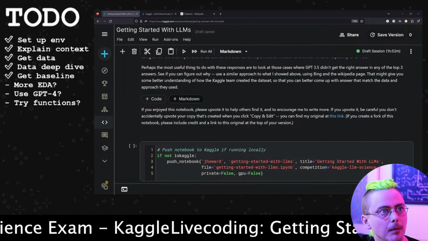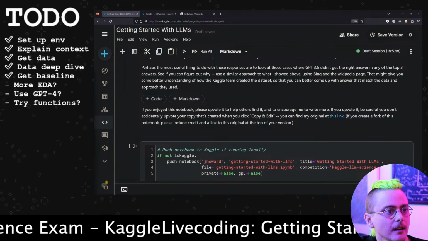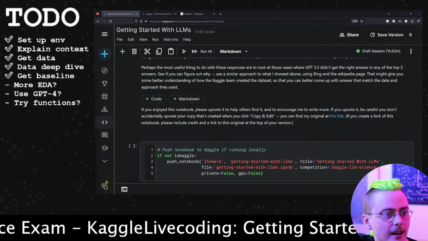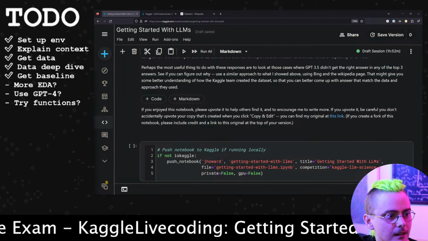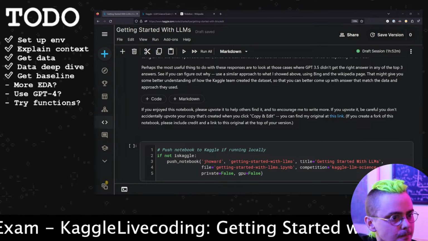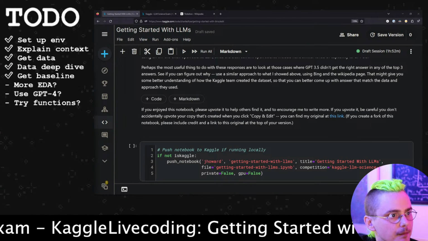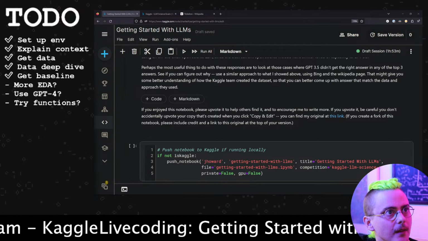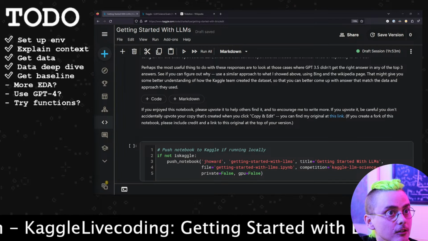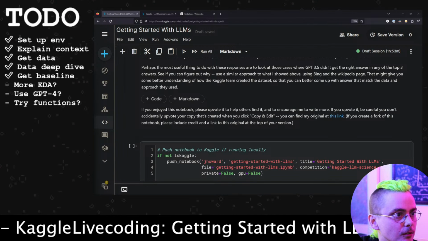I don't have any particularly strong opinions. I think I've definitely enjoyed doing EDA with the interpreter, but it doesn't have to be that one. The function calling API is maybe the most generally useful one, even though it's not going to give us better results.